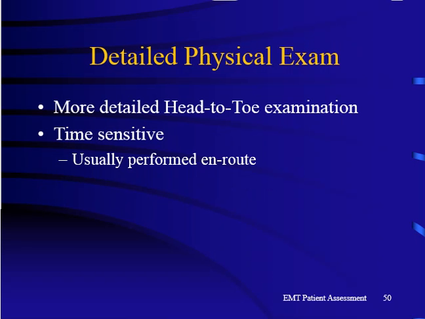So while you're going en route to the hospital, you're going to be doing a more detailed exam. That's where you're cutting clothes off. You're looking for exactly every little thing that might be wrong with the patient, and this is probably when you're going to do a lot more interventions that might not be as life-threatening as your beginning assessment.